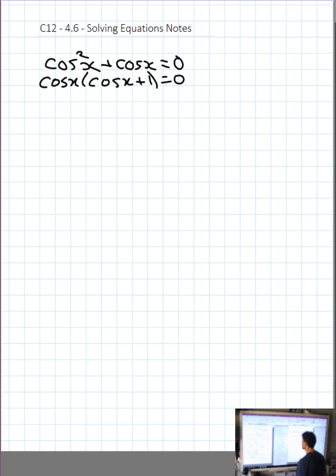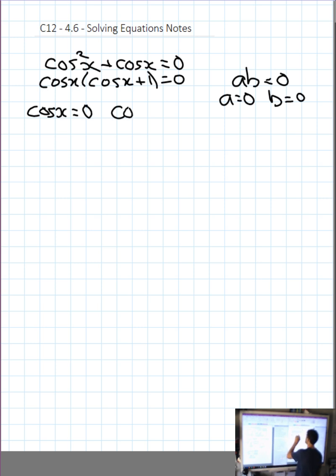And then I remember, if I have two things being multiplied together to make 0, a principle from grade 11, AB equals 0, that means that either A is 0 and or B is 0. So I set my factors equal to 0 separately and solve. And you know what's coming.